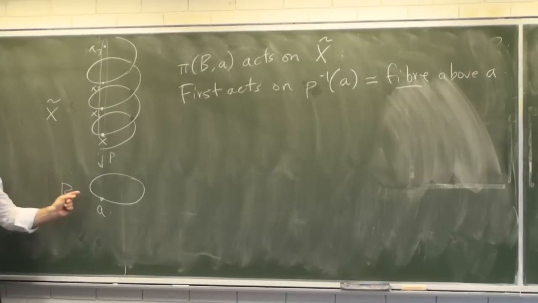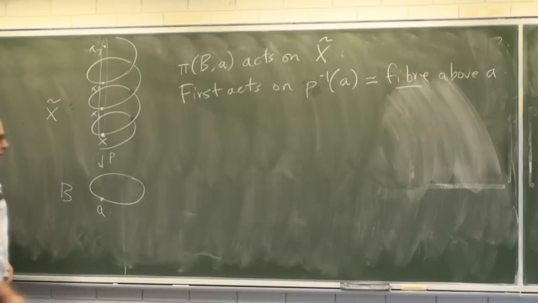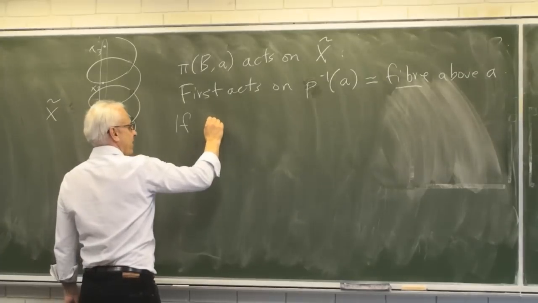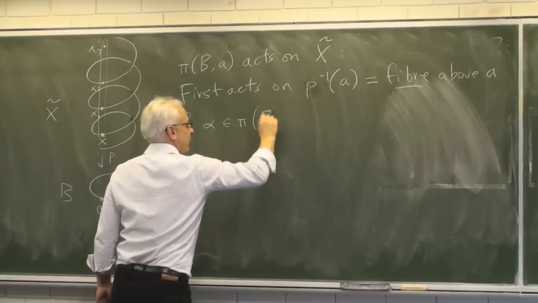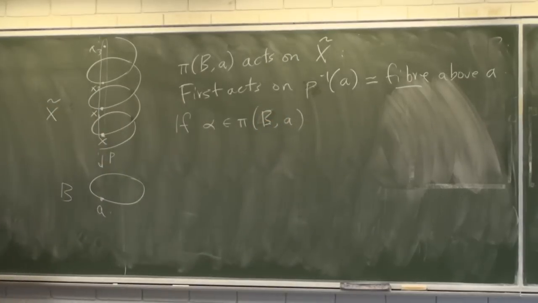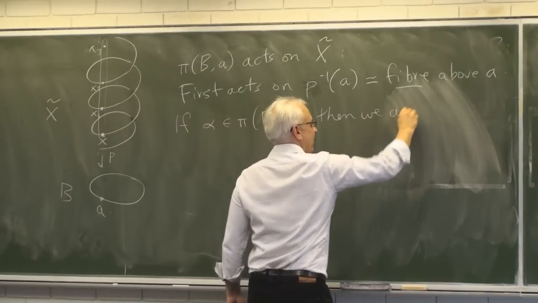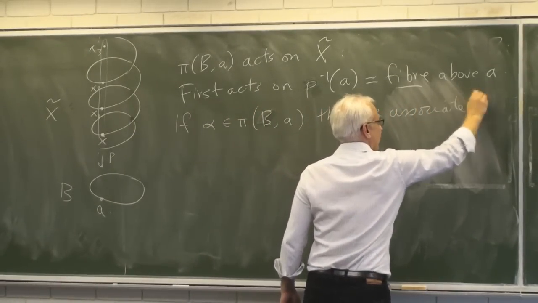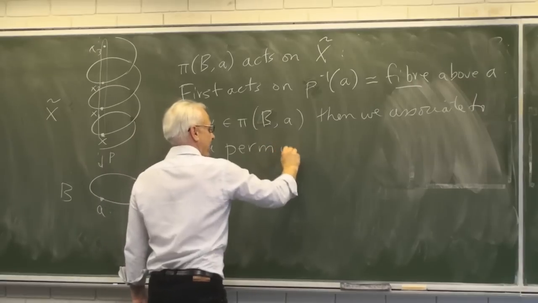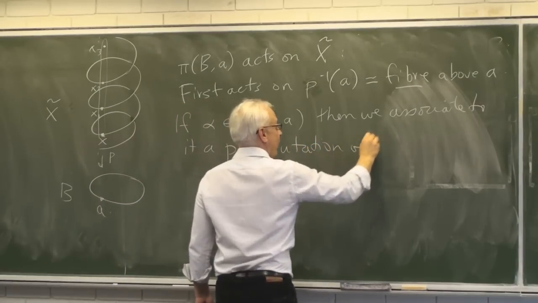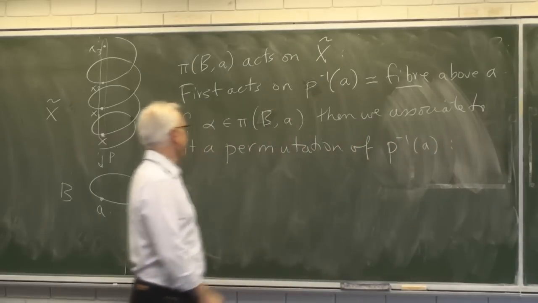So how does this group of loops act here? Well, if alpha is an element in the fundamental group of B based at A, then we associate to it a permutation of p inverse of A. How?